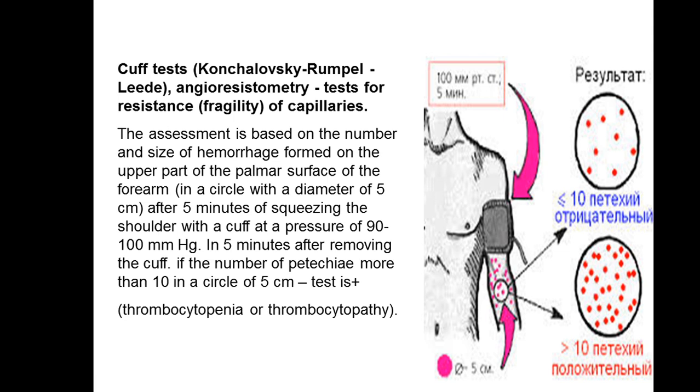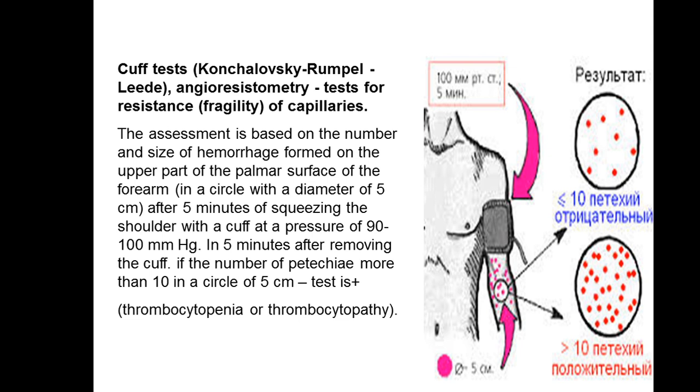And this test we call capillary fragility test or Konchalovsky-Rumpel test or cuff test. Assessment is based on the number and size of hemorrhages formed on the upper part of the palmar surface of the forearm, encircled with a diameter of 5 cm, after 5 minutes of squeezing the shoulder with a cuff at a pressure of 90 to 100 mm Hg.